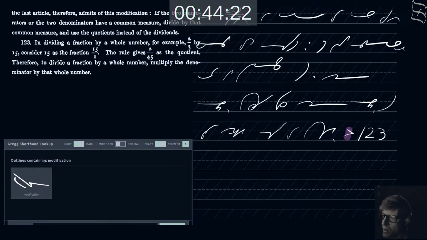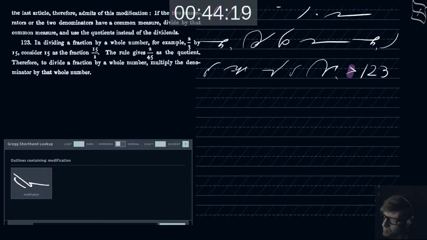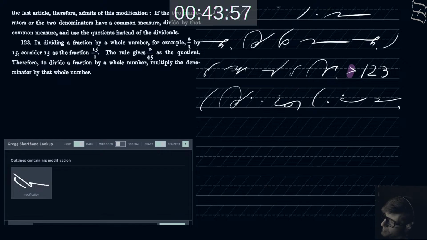By dividing a fraction by a whole number, for example, 2/3 by 15, consider 15 as a fraction, 15 over 1.